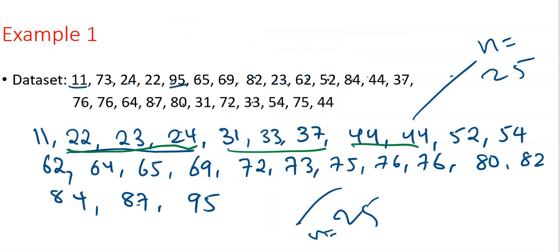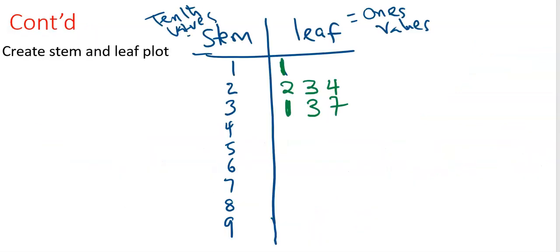There is 44. Because they are the same, it doesn't mean one is sufficient. You have to write both of them. So 44 and 44. How you read this is 44, that's one, and then there is another 44.